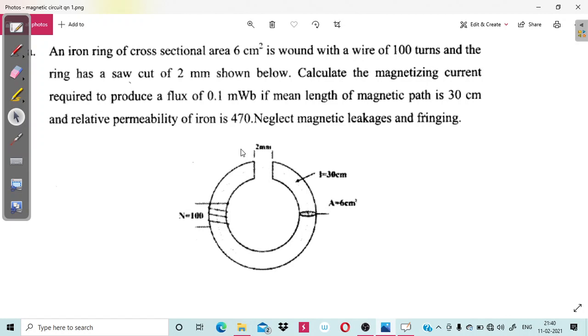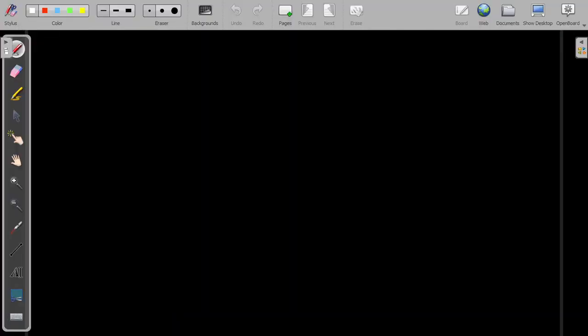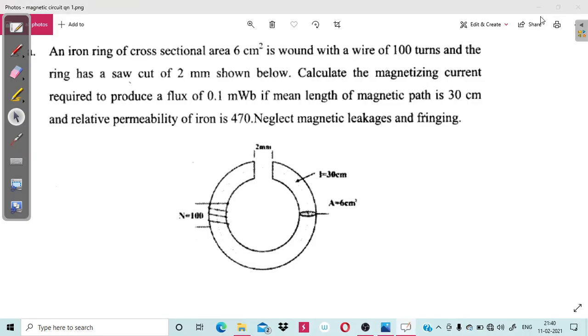an iron ring of cross-sectional area 6 centimeter square. So given the magnetic circuit like this, that is an iron ring of cross-sectional area 6 centimeter square.